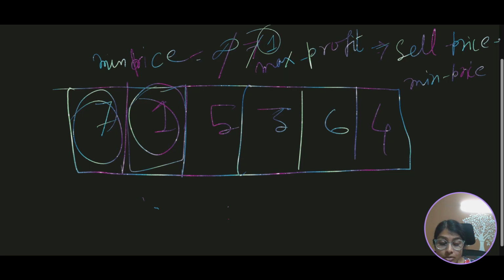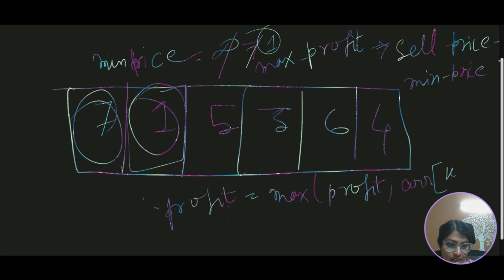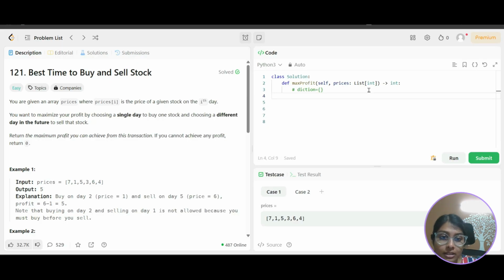So in the else condition, we will check the max of either the profit or the current price, arr[k] minus the min price. Whichever is max, we will take that one. So hope that's understandable. This is very simple. Let me just code and I think you will understand.